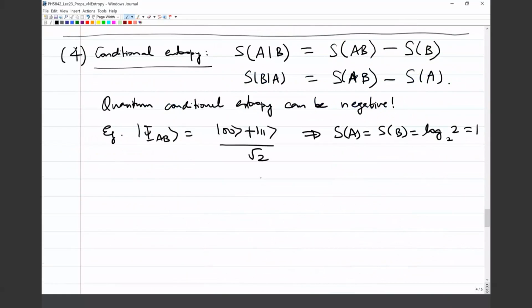So you have a really negative conditional entropy in this case, because your joint entropy is less than both your subsystem entropies.